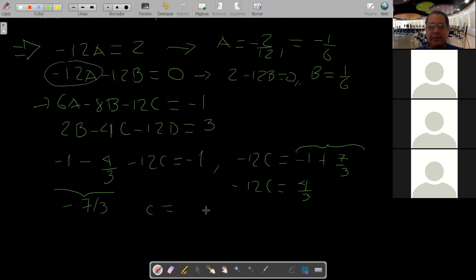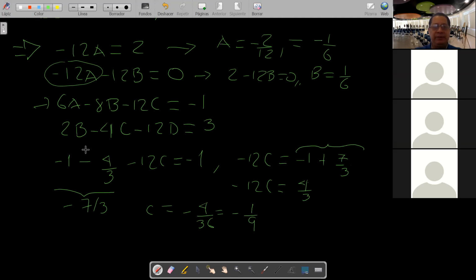So we have -4/36, and that is equal to what? 1/9. -1/9. That's our value for c.